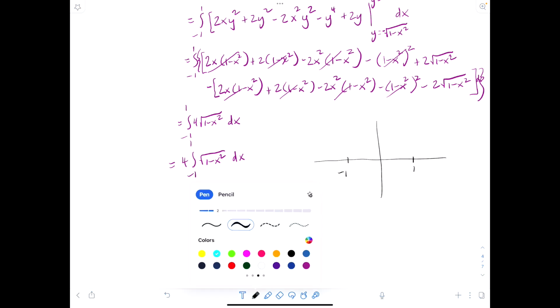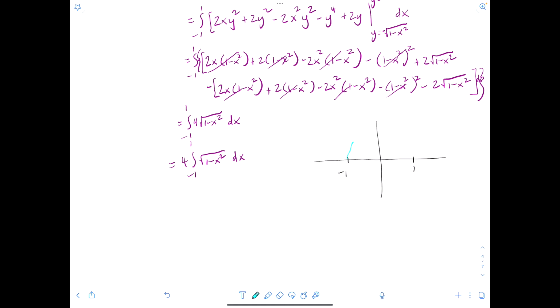And so you just have this region here, and this here would be 1. And so you'd have a semicircle with radius of 1. So the area of the semicircle of radius 1 would be 1/2 pi times 1 squared, which would be pi over 2.